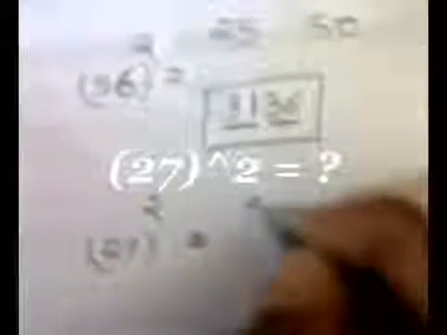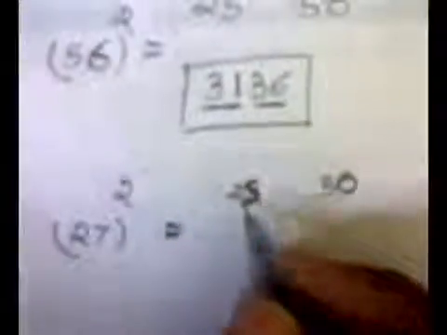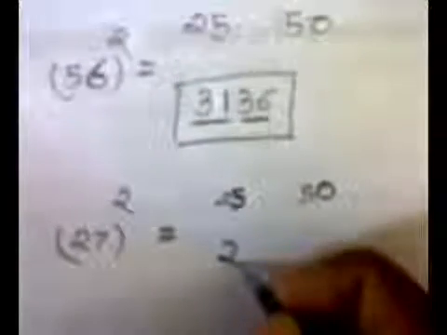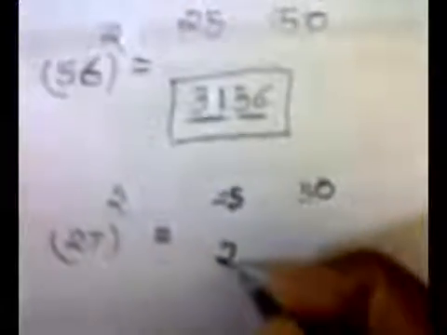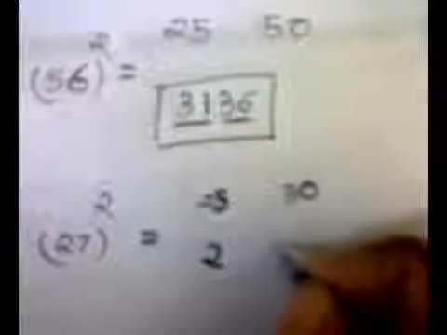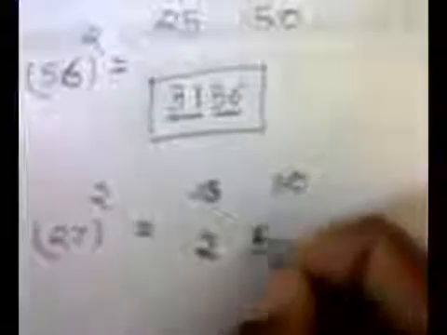Let's say the square of 27. Okay, now here is a little bit of a trick. The difference between 27 and 25 is what? 2. And the difference between 27 and 50 is 23, and what is the square of 23? It's 529.